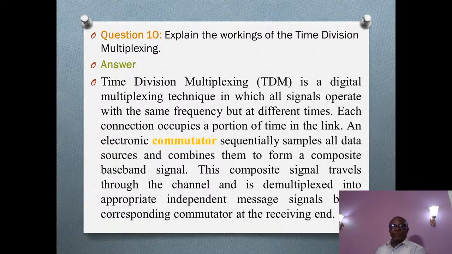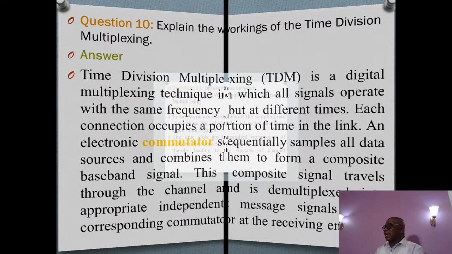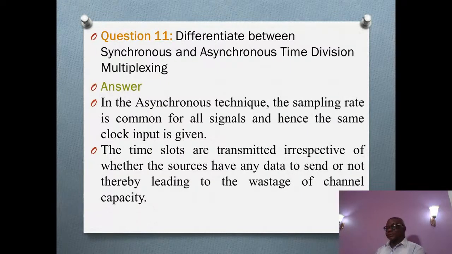An electronic commutator sequentially samples all data sources and combines them to form a composite baseband signal. This composite signal travels through the channel and is demultiplexed into appropriate independent message signals by a corresponding commutator at the receiving end.